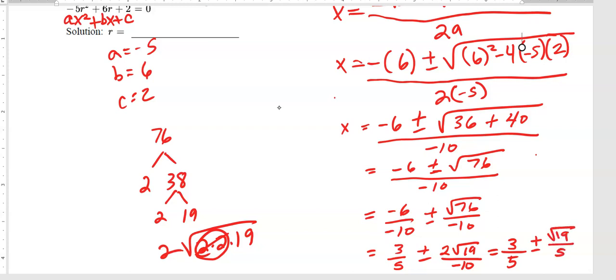So I can say the square root of 19 over 5. And I didn't put the negative because we're saying plus or minus. The negative is not really necessary because a plus times a negative would be a negative and a minus times a negative would be a plus. So either way I'm going to get a plus or minus.